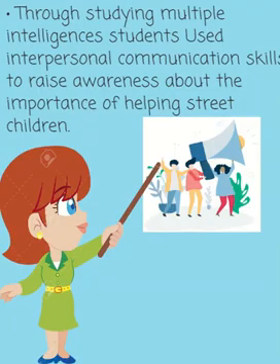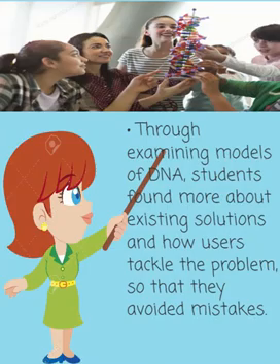Through studying multiple intelligences, students used interpersonal communication skills to raise awareness about the importance of helping street children. Through examining models of DNA, students found out more about existing solutions and how users tackle the problem so that they avoided mistakes.